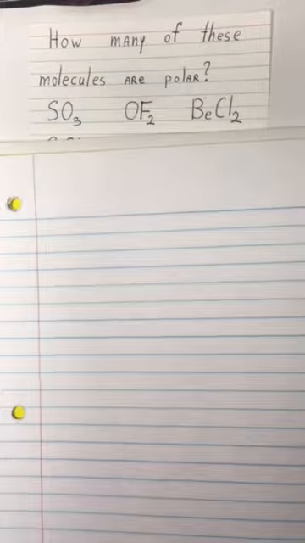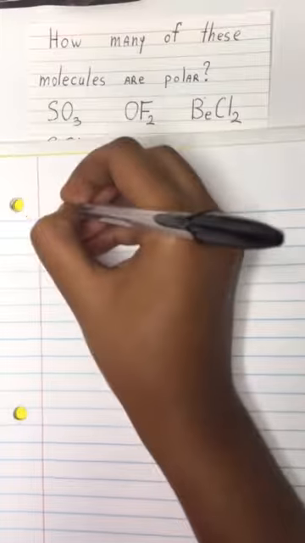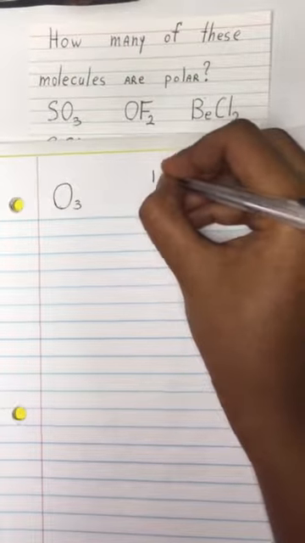Now we draw the Lewis structure for O3. O3 has 18 valence electrons.